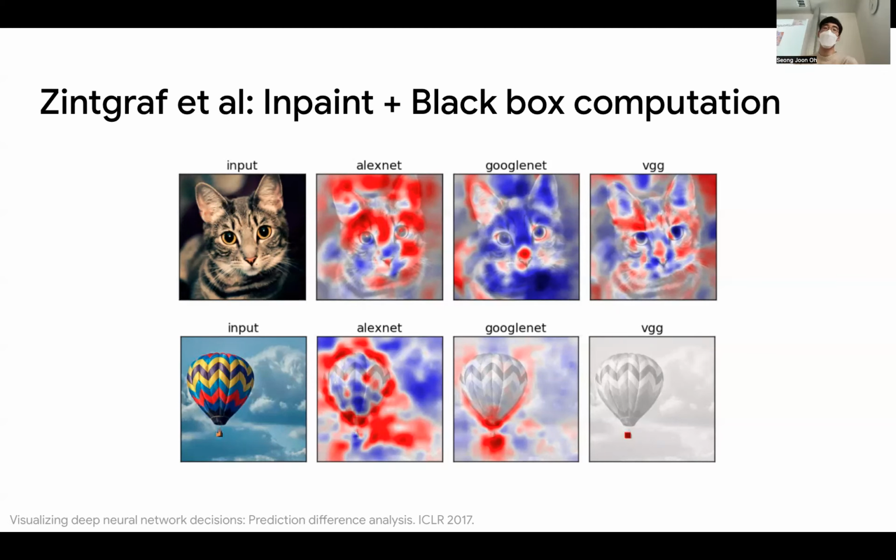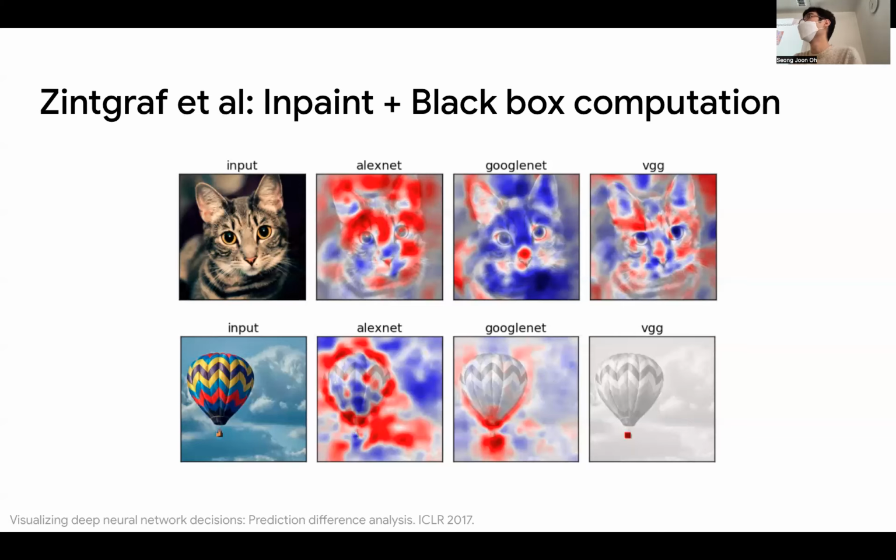But maybe this is the true contribution of each pixel to the network prediction. So it's hard to say this is right or wrong. This is just what the method gives us. And we're going to talk later on about different ways to measure whether this is giving us the right explanation or not.